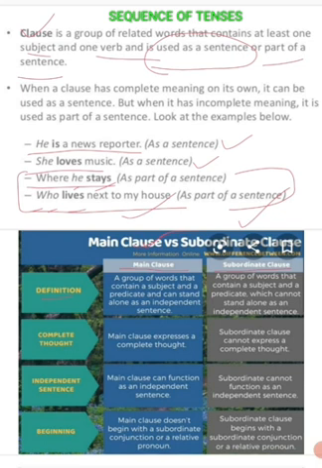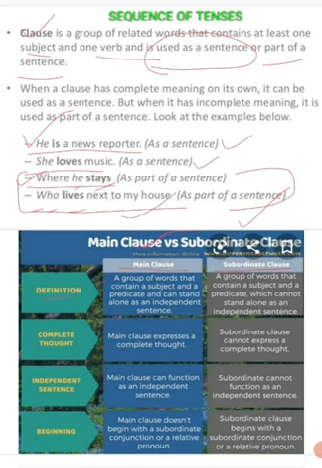Main clause: a group of words that contains a subject and a predicate and can stand alone as an independent sentence. This is the example, he is a news reporter. Subordinate clause: a group of words that contains a subject and a predicate which cannot stand alone as an independent sentence. The example is where he stays.